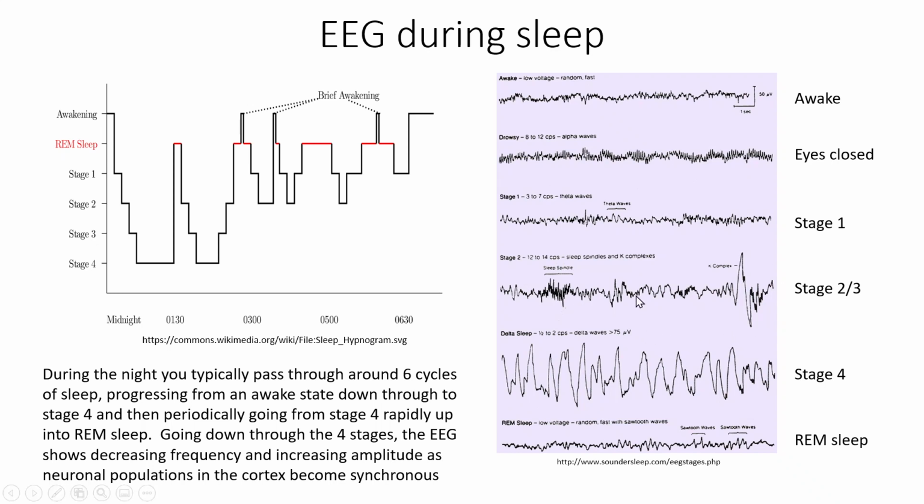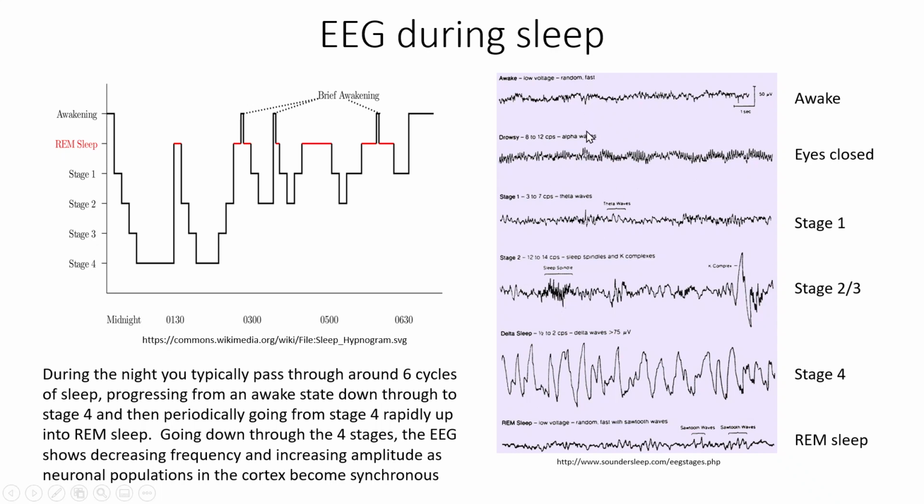And in stages 2 and 3 we see a background of theta activity, but superimposed on that are two new waveforms, the so-called sleep spindle and the so-called K complex. Now there's a lot of detailed neurophysiology behind the sleep spindle and the K complex, but from a simplistic point of view I think of the sleep spindle as essentially spikes of activity arising from the thalamus.